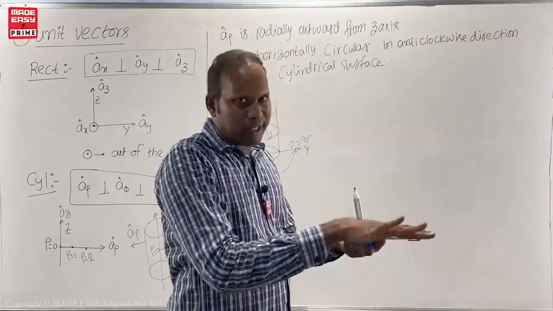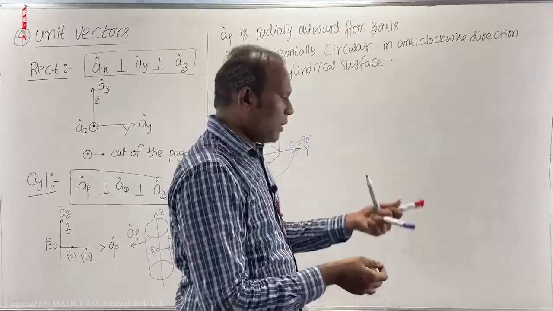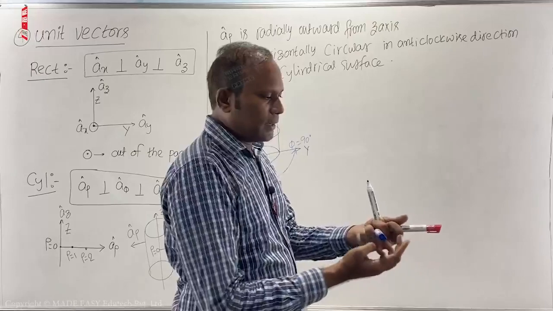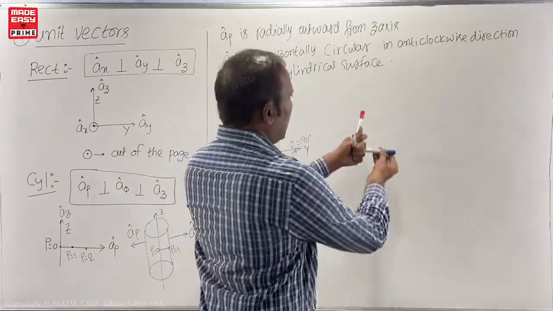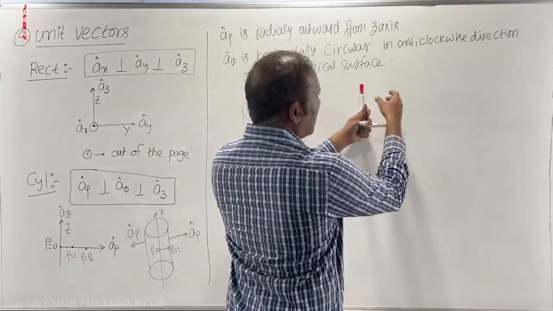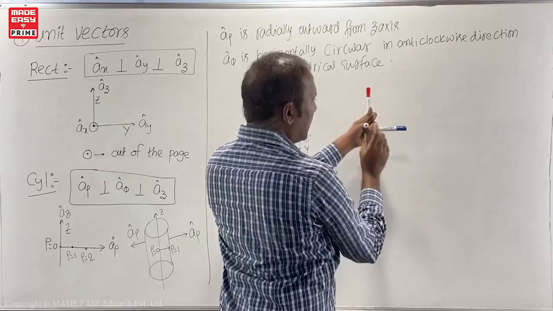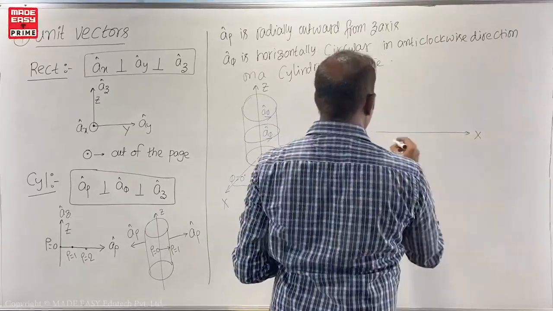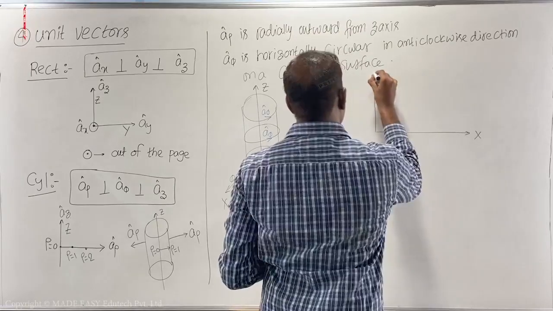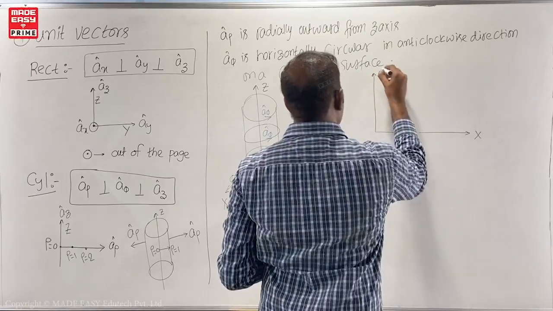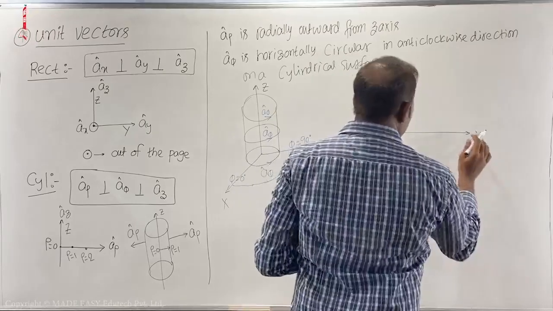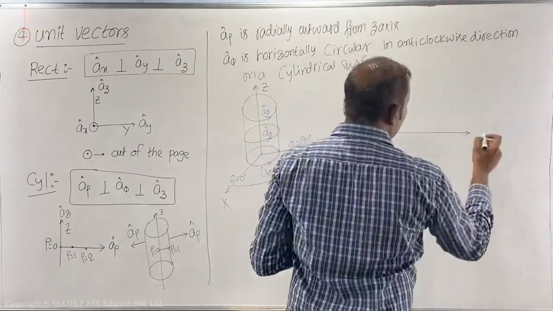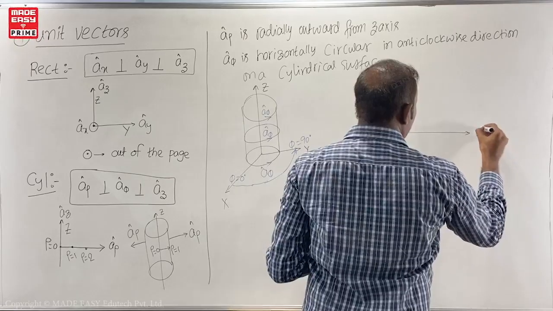Here board is not there, I am taking them onto the board. See carefully, this is x, this is y, this is z. So this is x-axis I am taking, and this is y-axis I am taking, that means a y cap. This x-axis I am taking means this is a x cap.